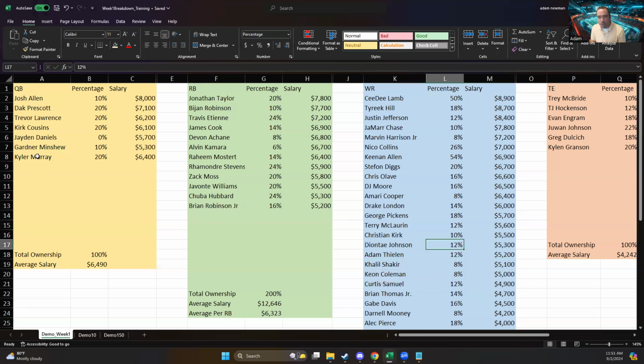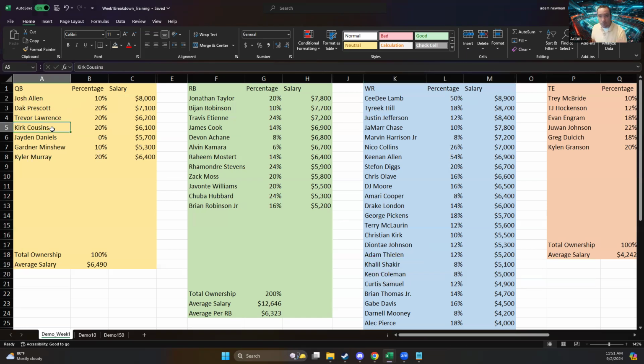This is so important that you think through this. I can't play 10% Josh Allen doubles and 20% Kyler with the bring back from the Bills if I don't have enough rostership to account for that.